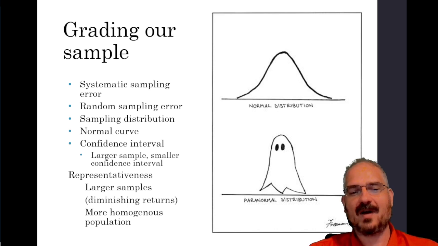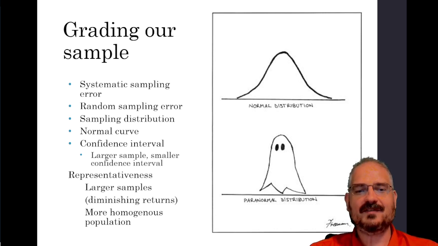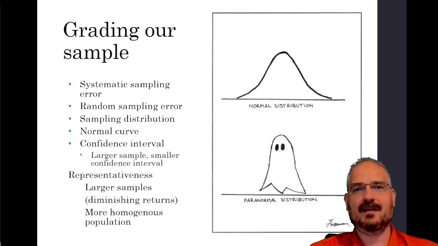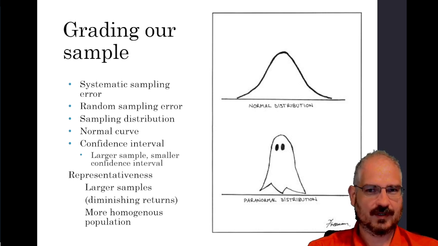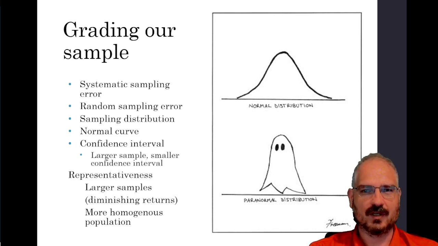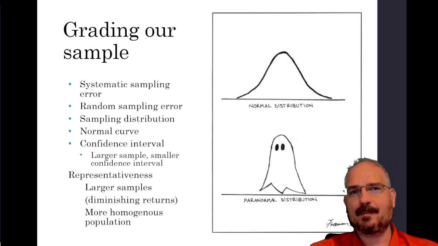And it wasn't because of random sampling error. It was because of systematic sampling error. Those polls weren't sampling a good representative population of the voters. They were sampling richer voters, much more wealthy than the actual population of the United States.